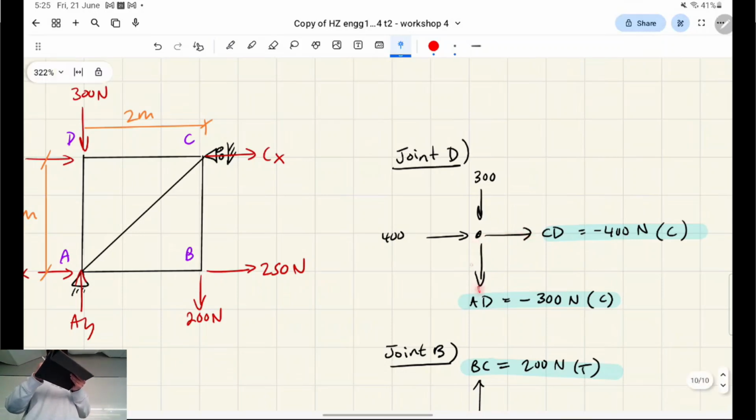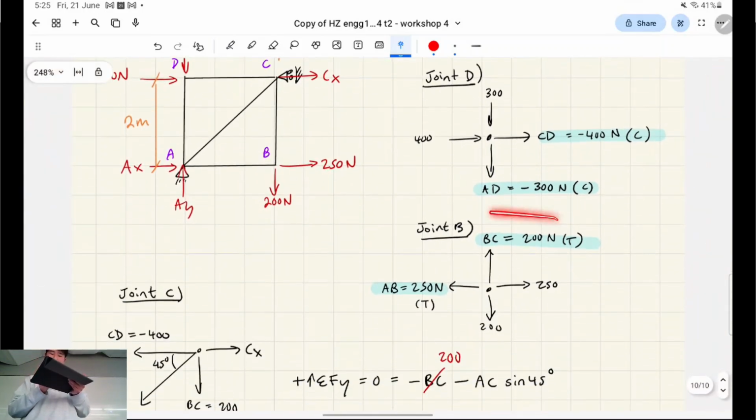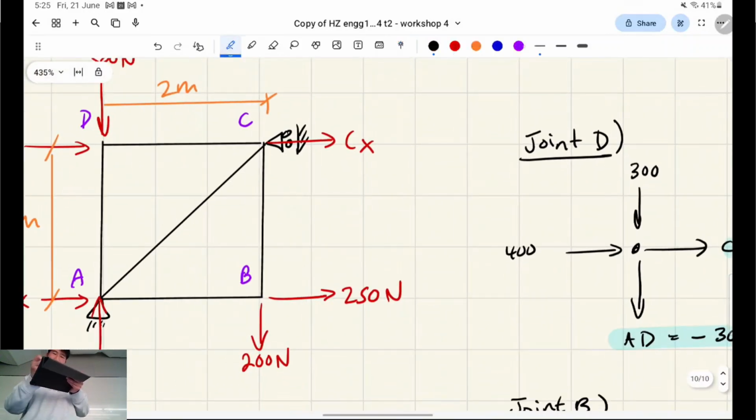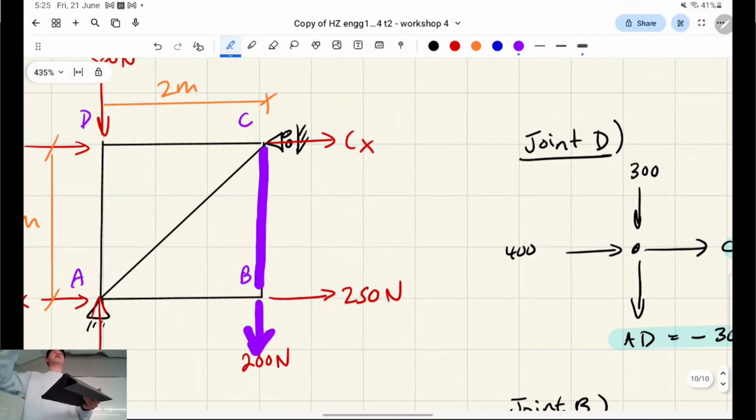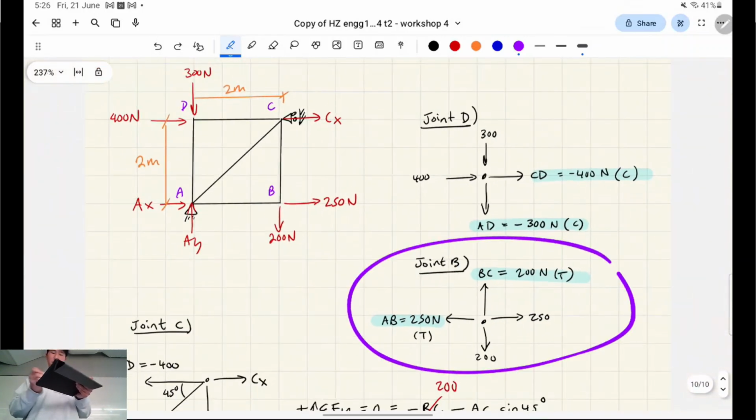We assume tension pulling away from the node, and since we do that, and we get a negative number, it's actually compression, right? Is everyone following with that? And same with a similar case of joint B, except this is going to be pulling away. One way you can do it based on vibes as well is like, here's the member, and this force is definitely going to stretch the member to some tension, right? So we result in tension like that.